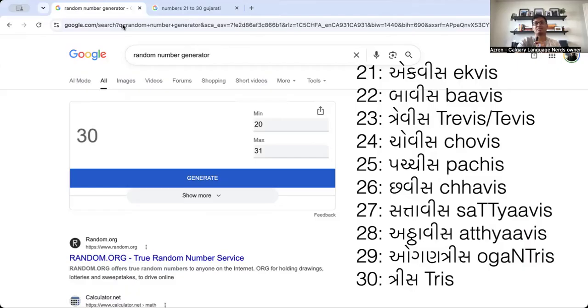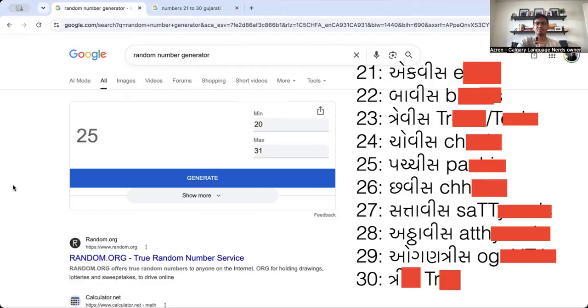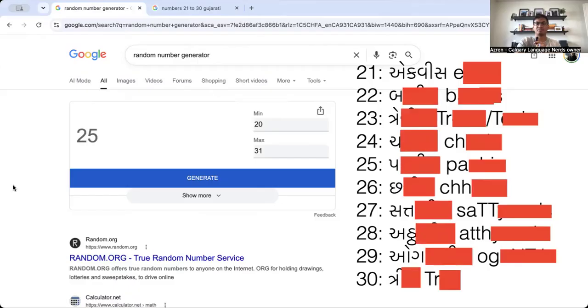Tris. 25. Pachis. Pachis. Okay, let's cover them up again so you can only see part of the word. Bam. There we go.